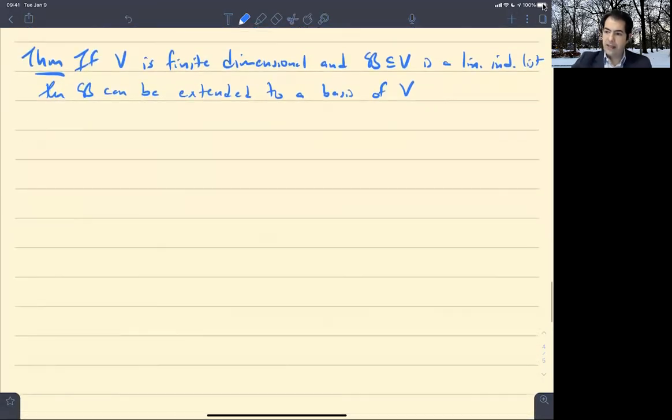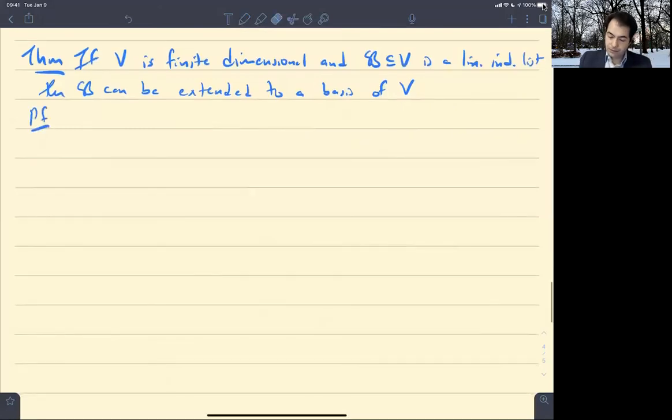Okay, and that is basically how we're going to prove this. So let's give things names. Let the dimension of V equal M, and let B be the list V1 through Vn.